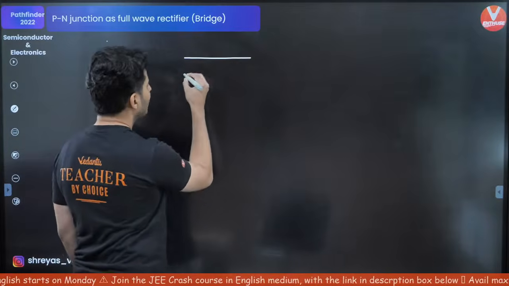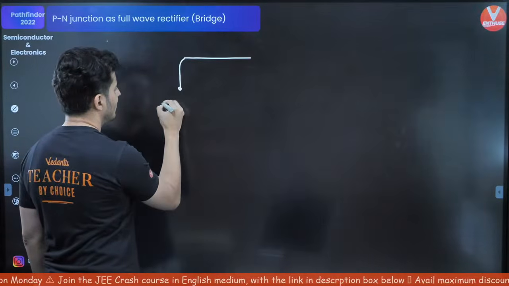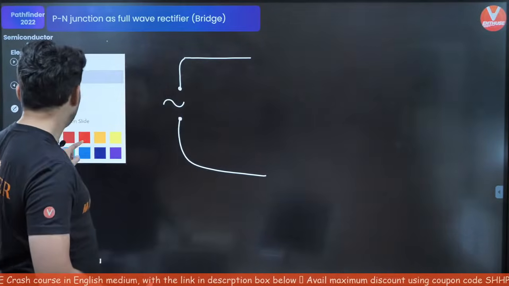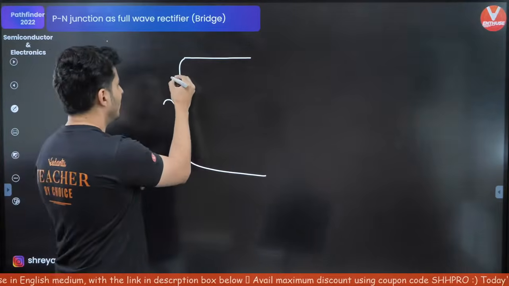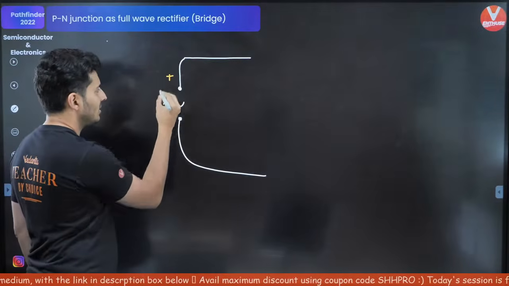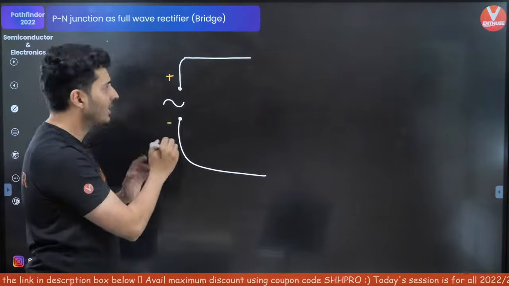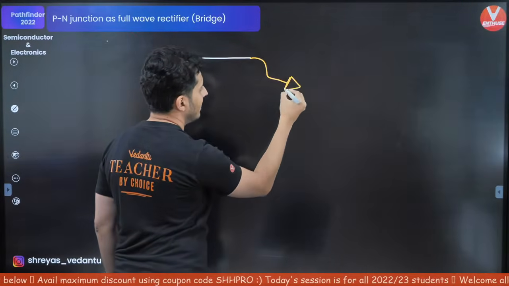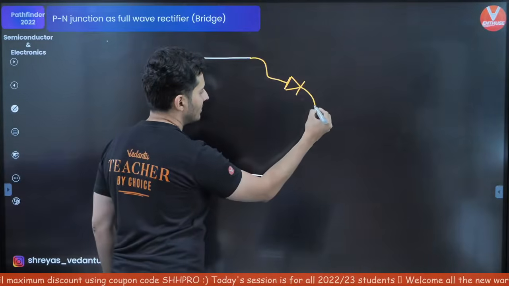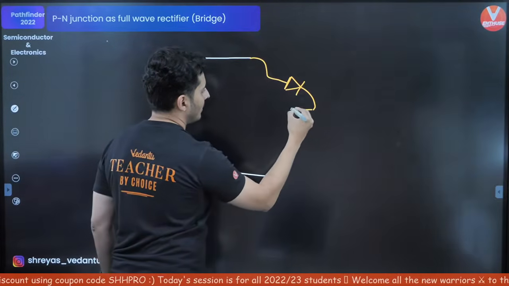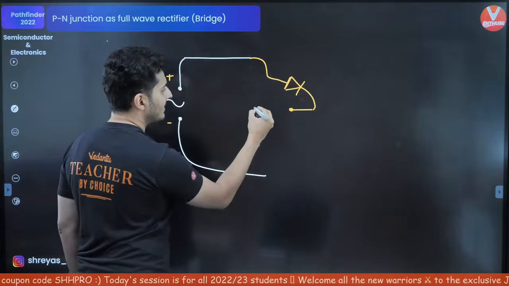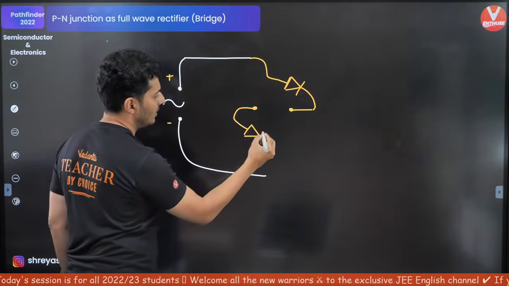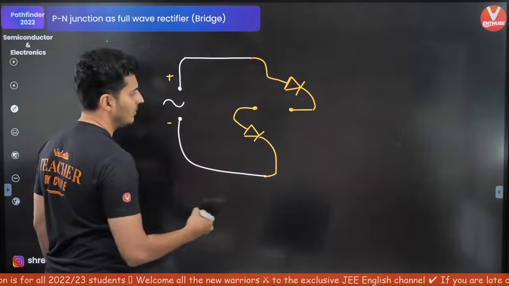Imagine this is your input, this is your AC signal, coming something like this, and I make sure that during the positive cycle, this is positive, this is negative, the current enters this diode, forward bias, comes like this, goes over here to some device, comes out of it and goes to this diode and again comes out of it here.